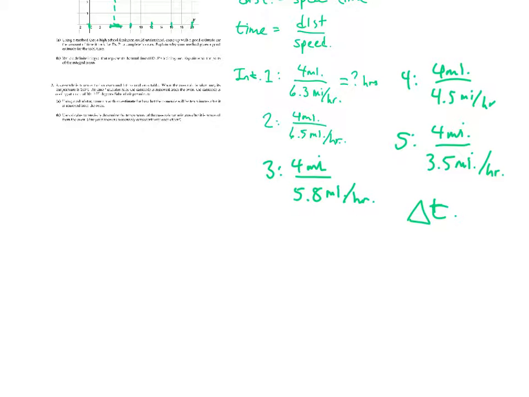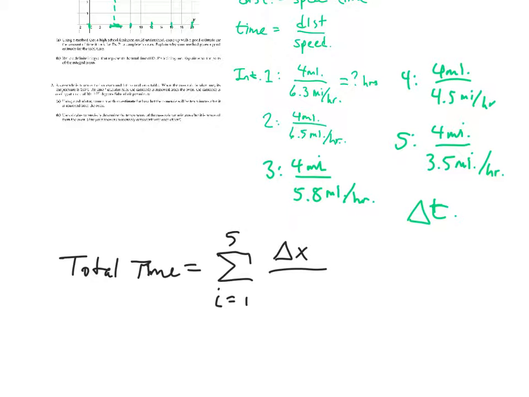is going to be the sum from i equals 1 to 5 of delta x, that's the change in my distance run, over g of x sub i.